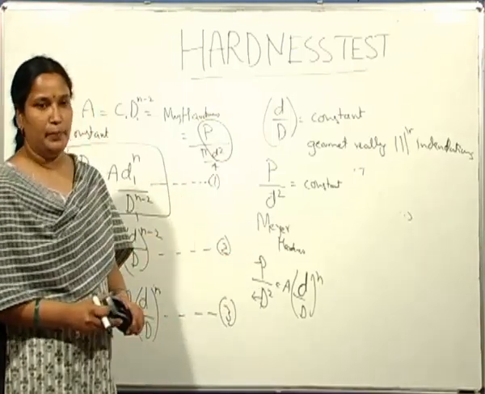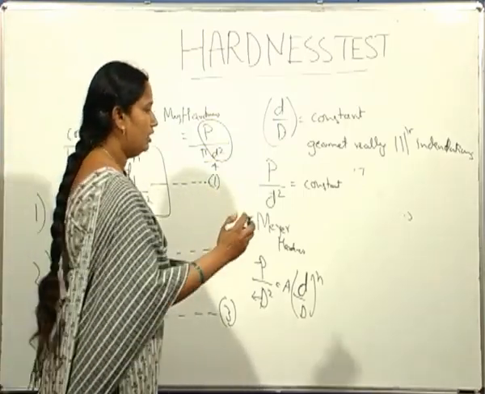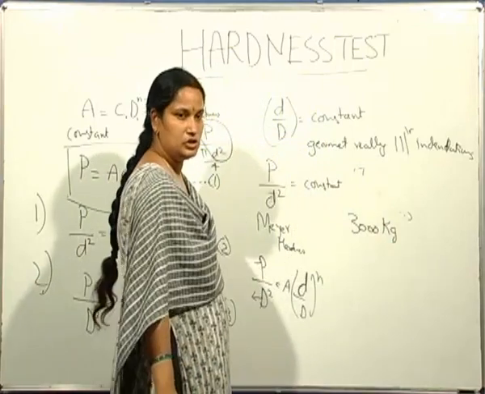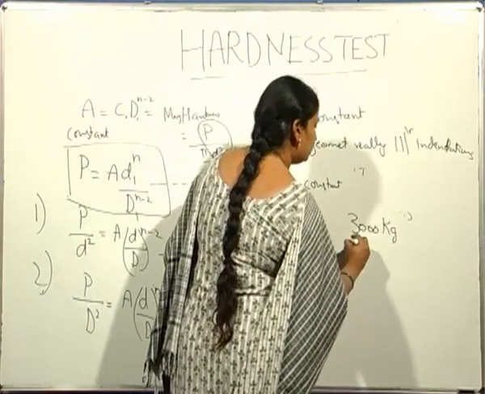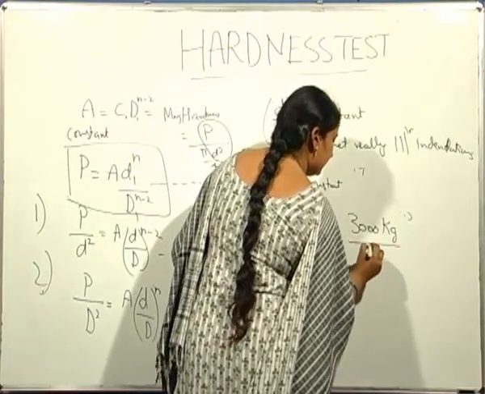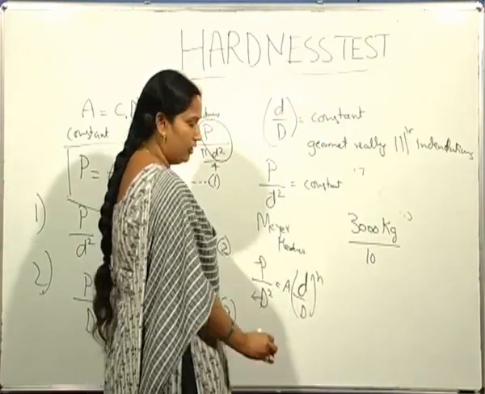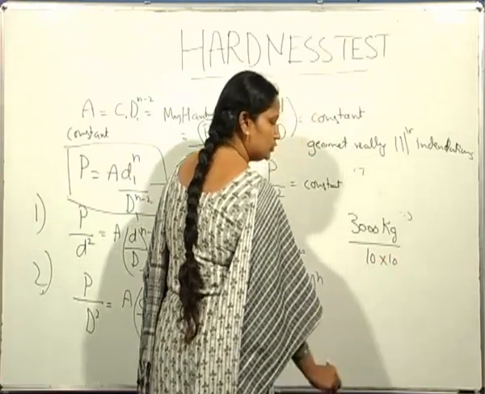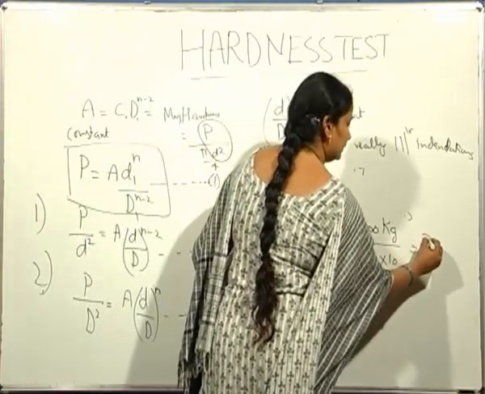For the case of Brinell hardness test, if a load of 3000 kg is used and the diameter of indenter is 10, P by D square, according to this equation, is 3000 by 10 into 10, which is equal to 30.